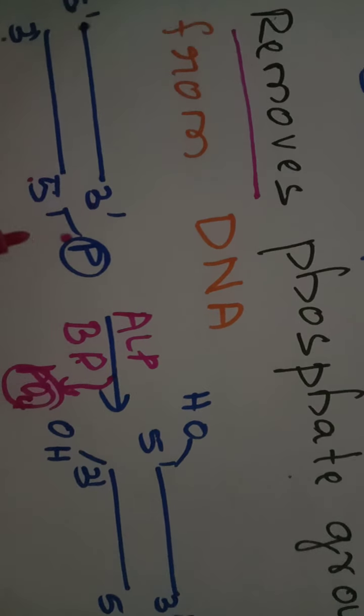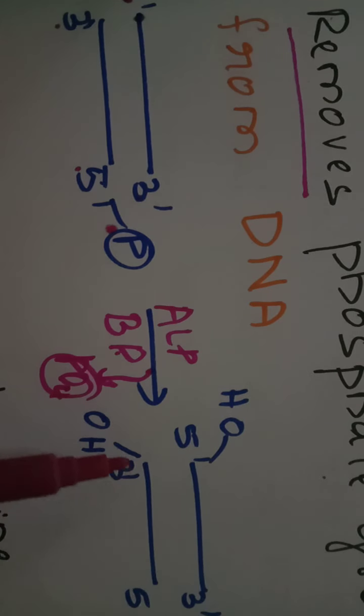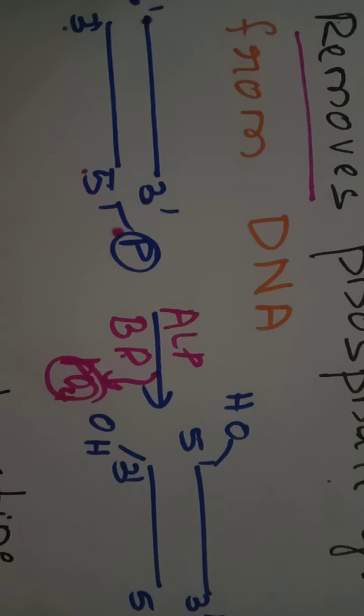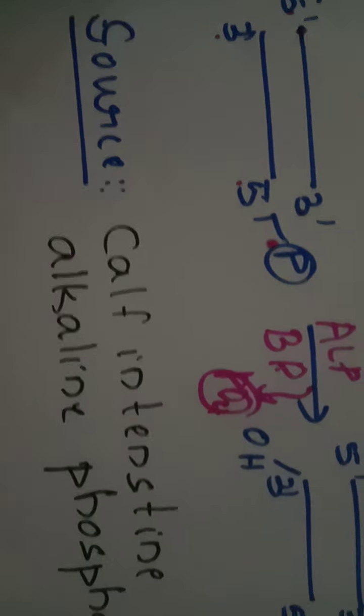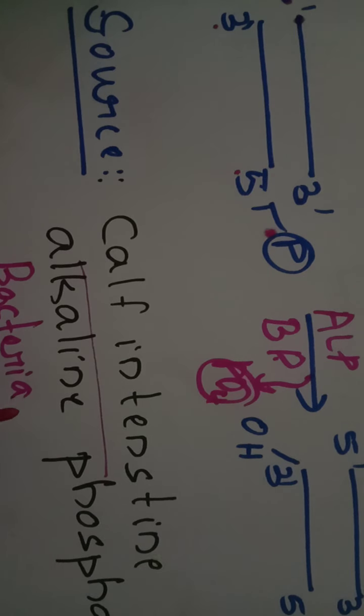The major source of alkaline phosphatase is calf intestine, and sometimes it is also isolated from bacteria.